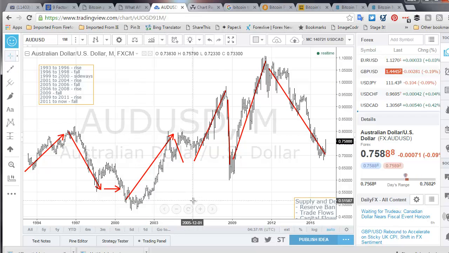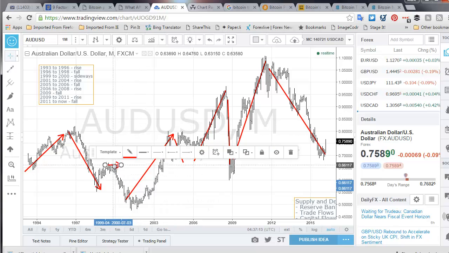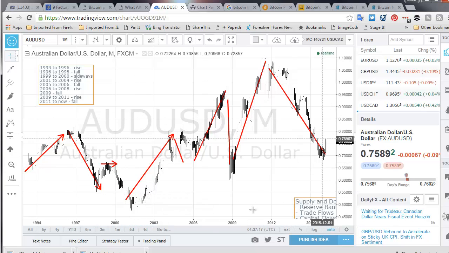Now, isn't that pretty remarkable? If I move this arrow up here, we have an incredibly high correlation. As we have interest rates rising in Australia, the Australian dollar rises, and as we have interest rates dropping, the Australian dollar falls. That pretty well mirrors precisely what we saw in commodities, that there's a very high correlation.